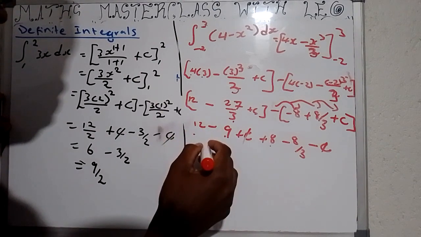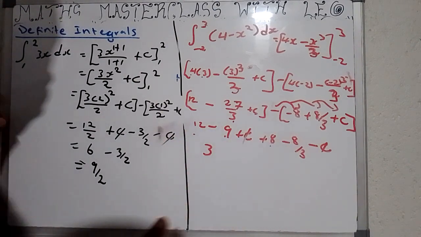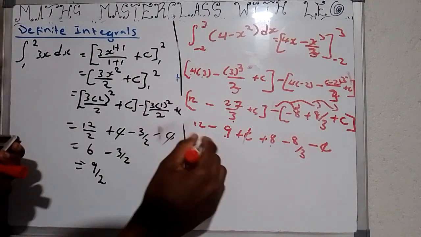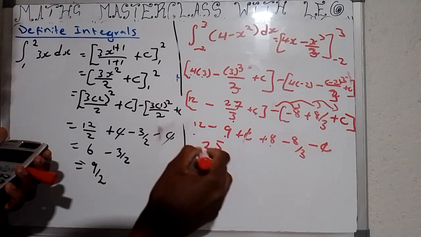Let me just punch everything on the calculator and check what it is giving me. So I'm going to have 12 minus 9 plus 8 minus 8 over 3. It is giving me 25 over 3.